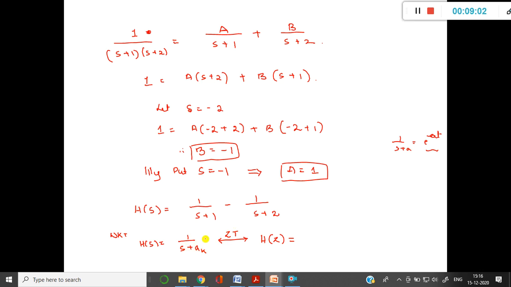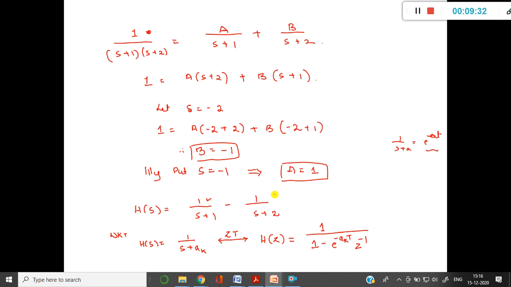The derivation says this will be equal to 1 by (1 minus e to the power of minus a_k T z inverse). Go back to your derivation. I have a Laplace transform in this fashion, and I am able to write it in this particular fashion.